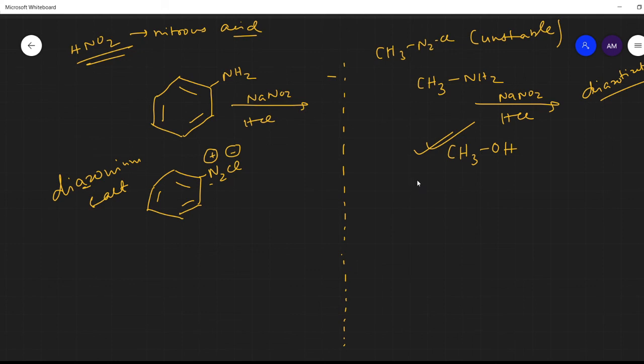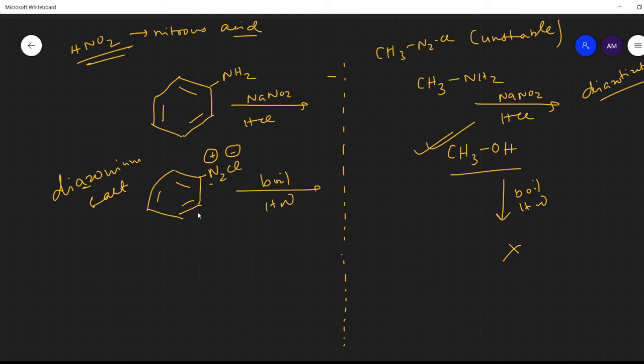So again you have to carry out a reaction. What is the reaction? You can add boiling water here, and you can add boiling water here also. Here no reaction will take place, only dilution of the alcohol.